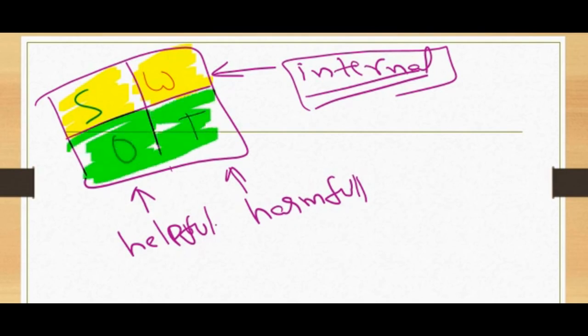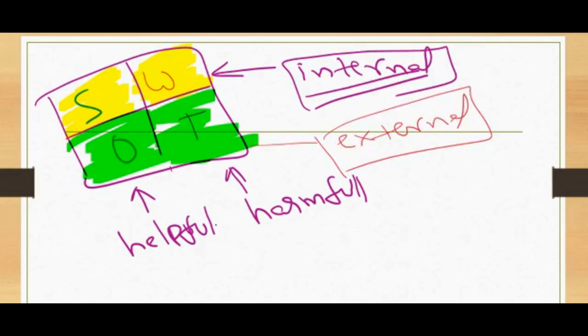Opportunities and threats, these two are external factors, over which you have very little control. But internal factors, you have very high control. External factors, like new entrants or competitors coming, or some government regulations coming, you have very little control over.